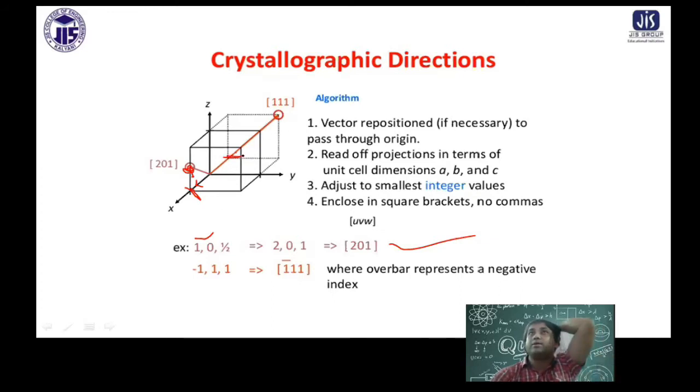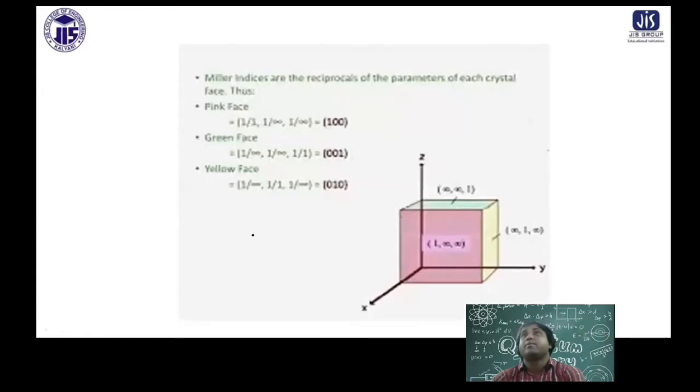So this is -1, y plus 1, z plus 1. That means it's indicating this point. Okay. So we take the LCM also, multiplied by 1. -1 is called 1 bar. So this is how you define any point in the crystal. Any point in the crystal, you can define it this way.